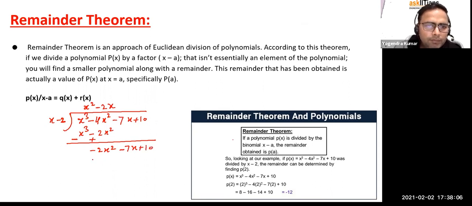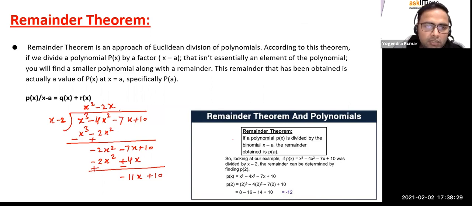So what do I get here? Minus 2x square, minus 2x square, and minus minus plus, we get 4 times x. Now we will make it plus, this is minus here, sign change. Again this term gets cancelled and we get minus 11x plus 10.